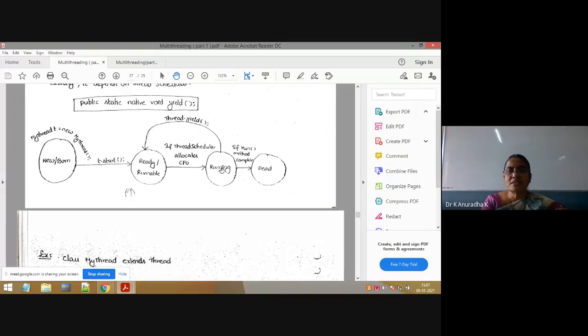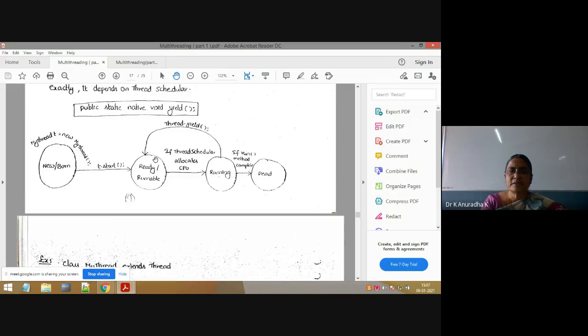What is the meaning of this is, from the running state, the currently executing thread goes to the ready state, which is nothing but the waiting state, by using the method Thread.yield. By using the method Thread.yield, the currently executing thread will take some time and go to the ready or runnable state.